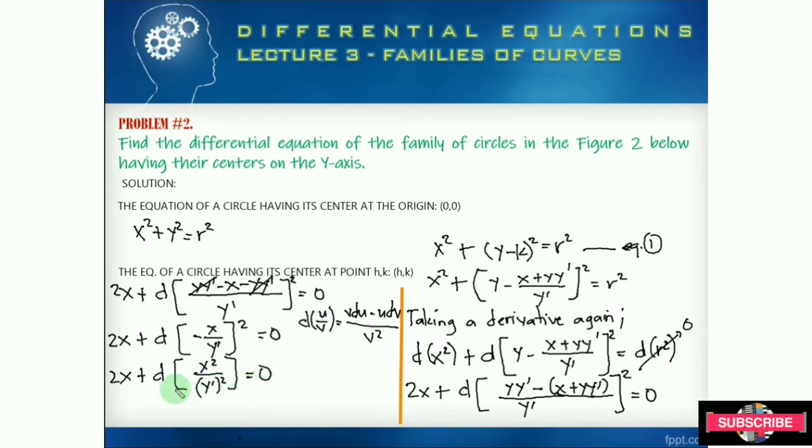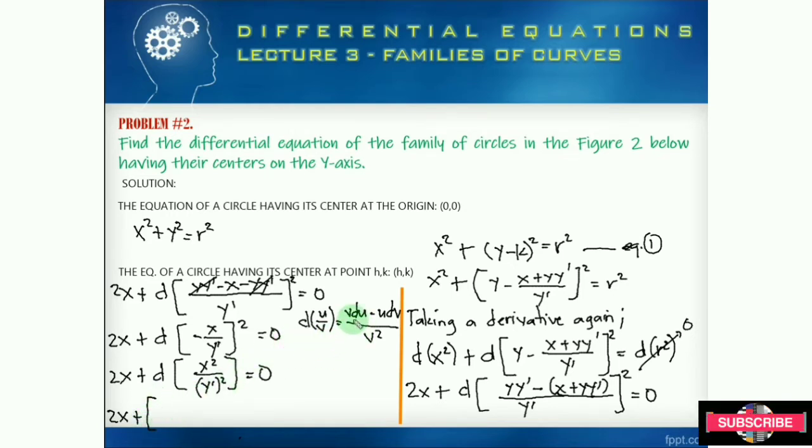So proceeding, we have here 2x plus, again using this one, our b is the denominator, so y prime squared. Let us enclose this one here.